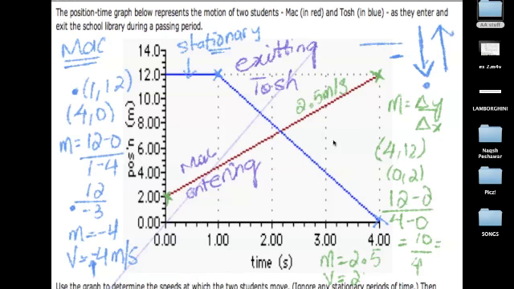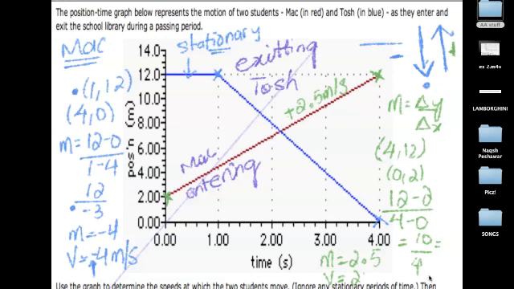Since it's a positive 2.5 meters per second, this means he's going away from O. The positive sign denotes the direction.